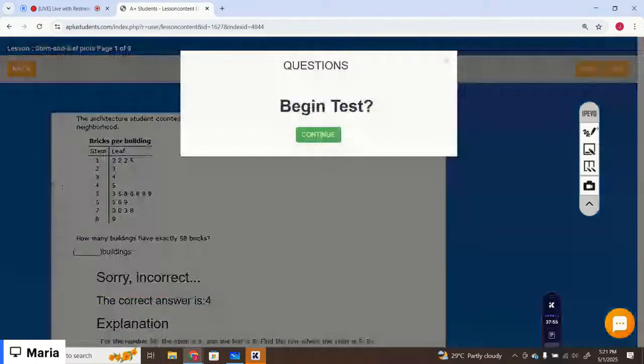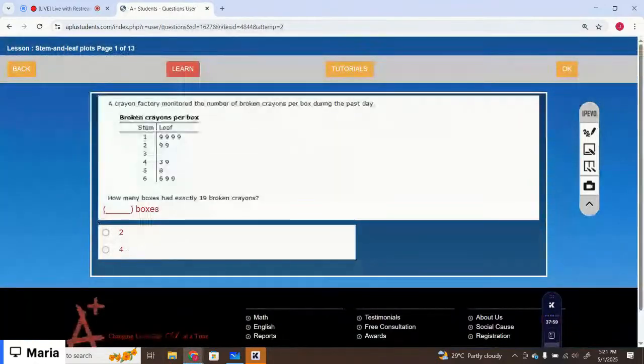Let's just start with the test questions. A crayon factory monitored the number of broken crayons per box during the past day.